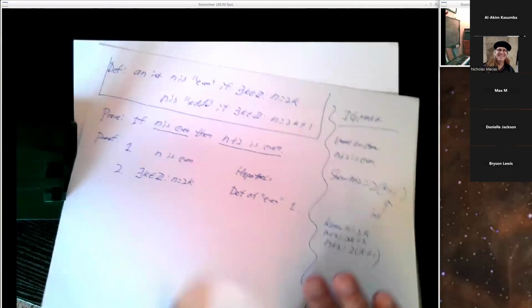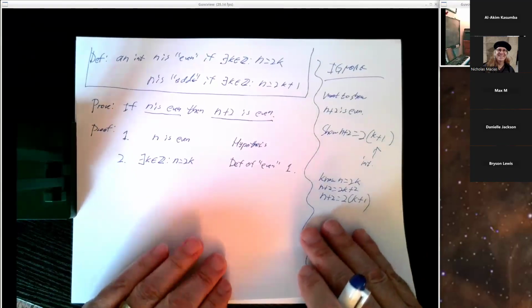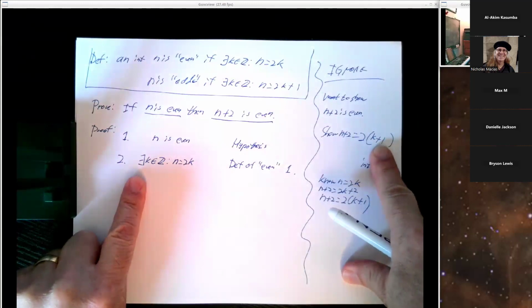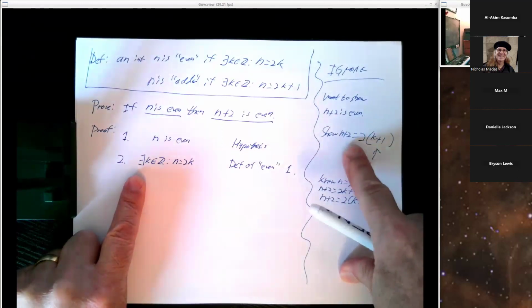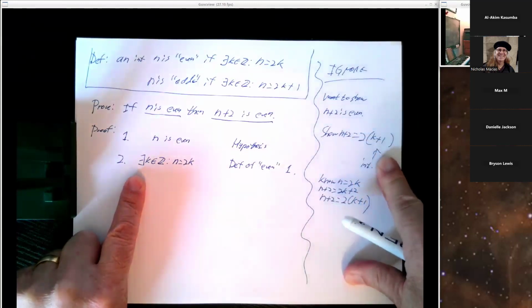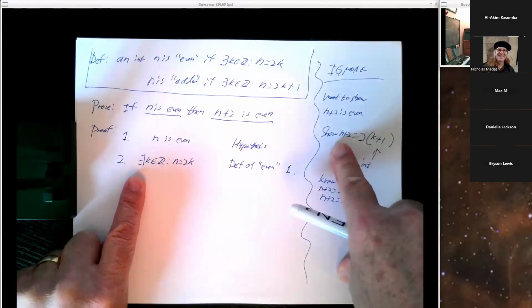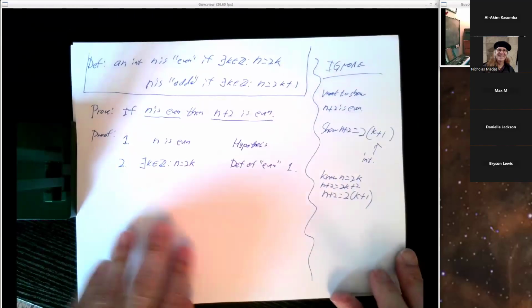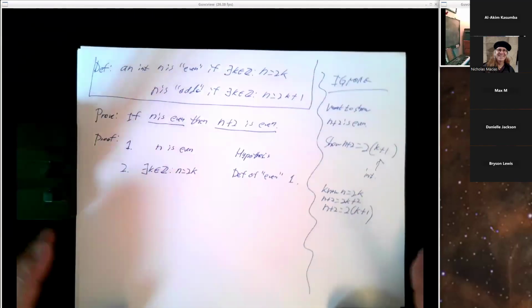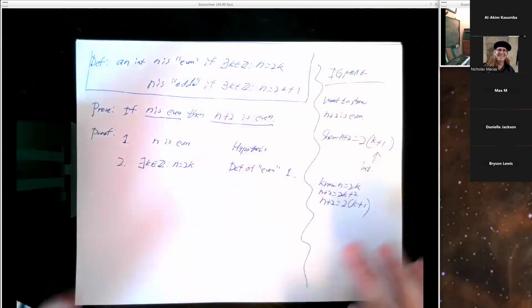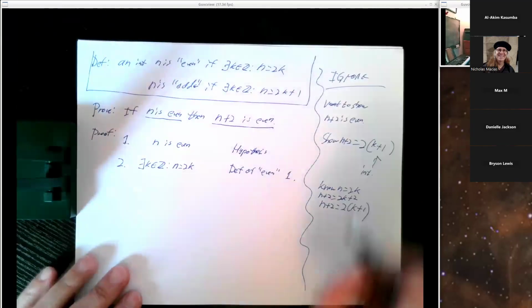So armed with that, since k is an integer, I know k plus 1 is an integer, and with algebra, I can show n plus 2 is 2 times this particular integer. And based on my definition of even, that's going to tell me n plus 2 is even. So there's the insight. That's the piece that will take some head scratching, listening to music, whatever. And we eventually see this path.